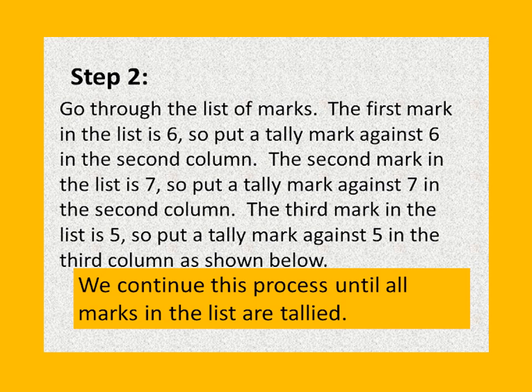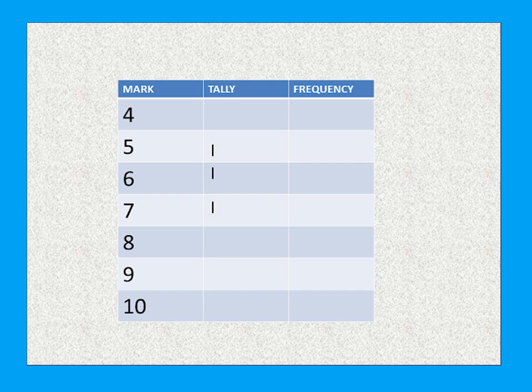The third mark in the list is 5, so put a tally mark against 5 in the second column as shown below. And then we continue this process until all marks in the list are tallied. Here is the table for step 2.